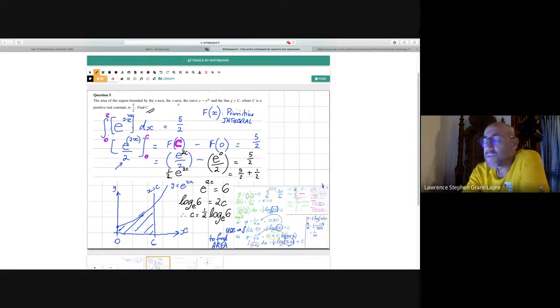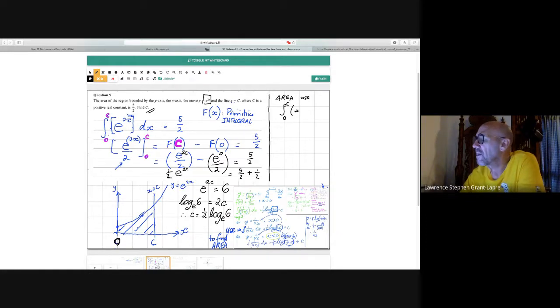Well, sorry about those mistakes, but let's revise what we've mentioned here. I've said that area uses integral. And if it's the area from 0 to c, whatever that number is, then it's the integral from 0 to c of our function, which is e to the power of 2x.